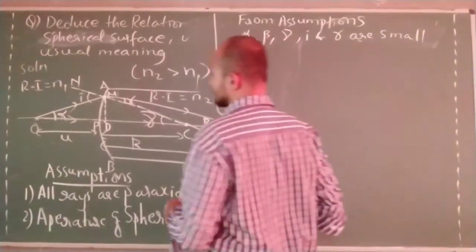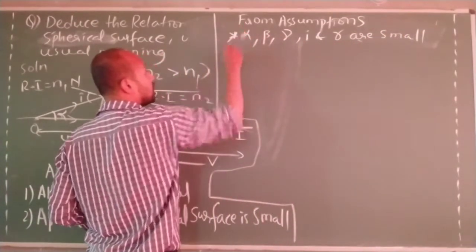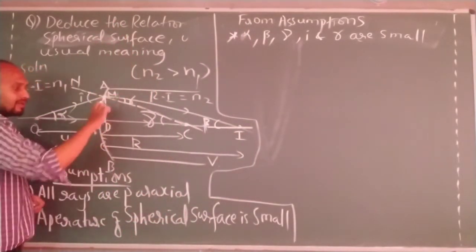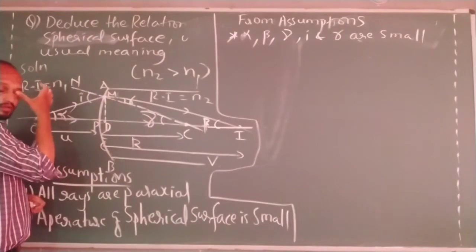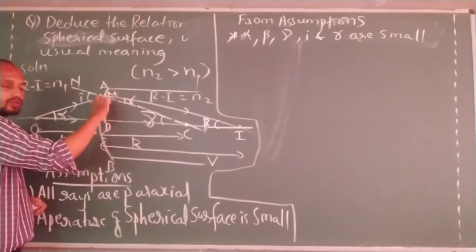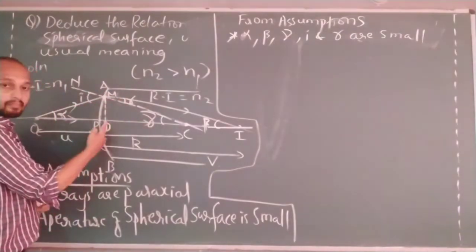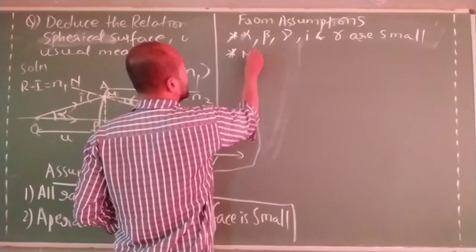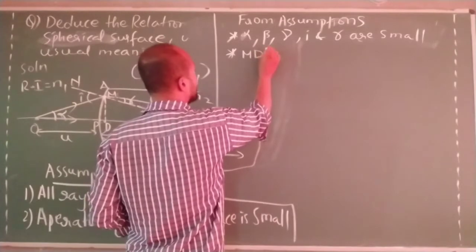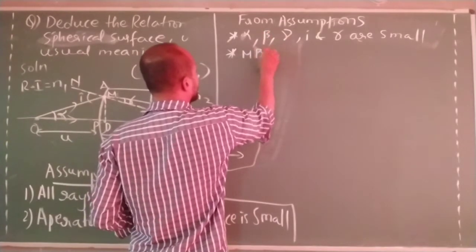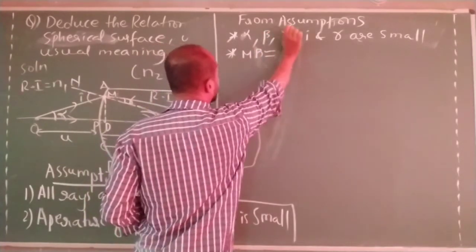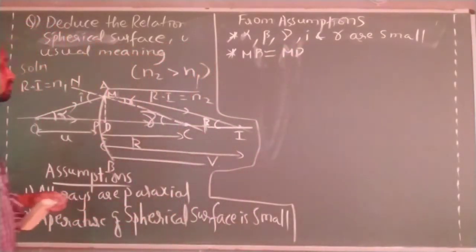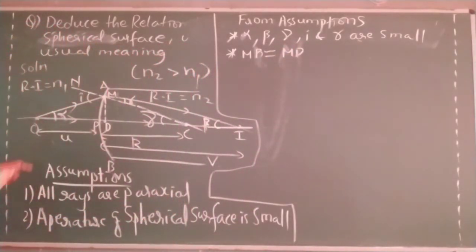This is one important condition in the derivation. One more condition, see here, MD will be nearly equal to MP. With these two assumptions or conditions, I am going to solve.